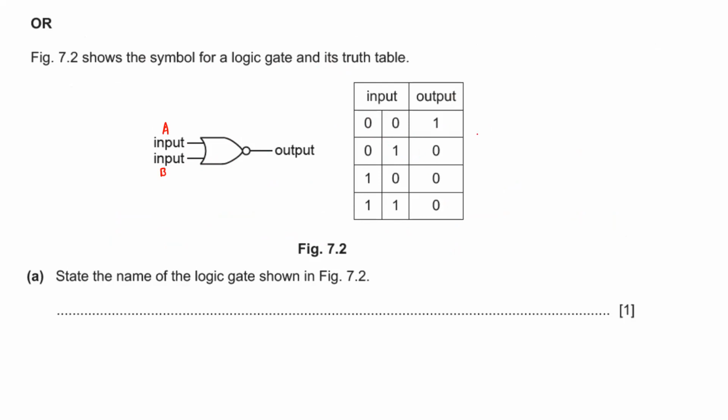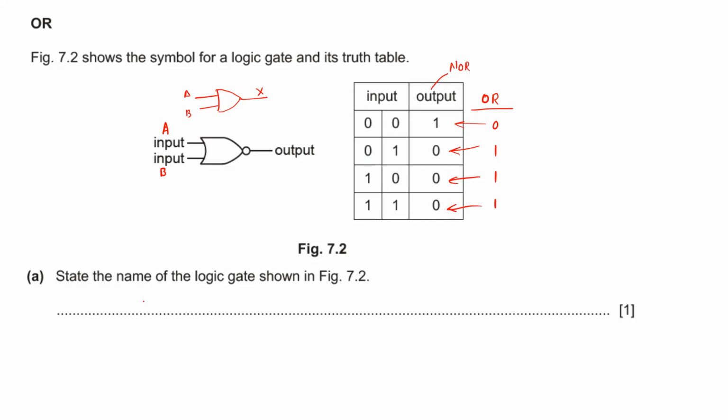So this is basically the inverse of an OR gate. Remember the OR gate looks something like this: A, B, X. In an OR gate, if any of the inputs is one, the output is one, and this output is the inverse of that.